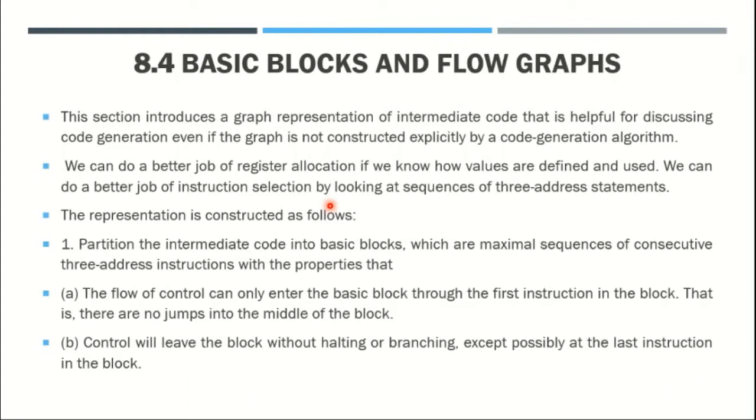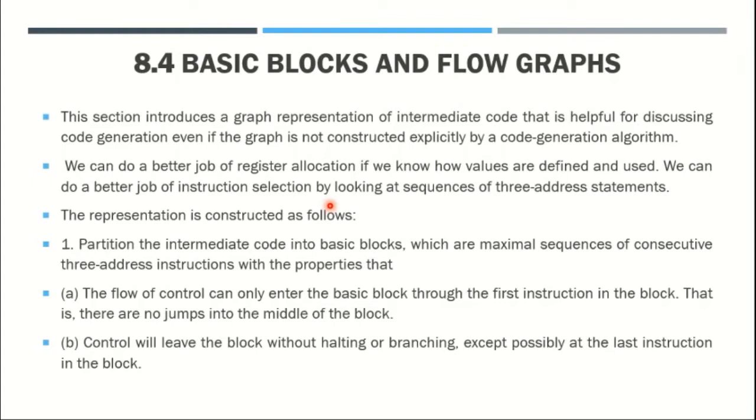Based on such instructions we can easily know details like the register allocation for the variables, which values are stored in those registers, and at which memory locations those values are stored. These details can be easily known with the help of flow graphs. For that purpose we construct the flow graph for the intermediate code representation before generating the target code.